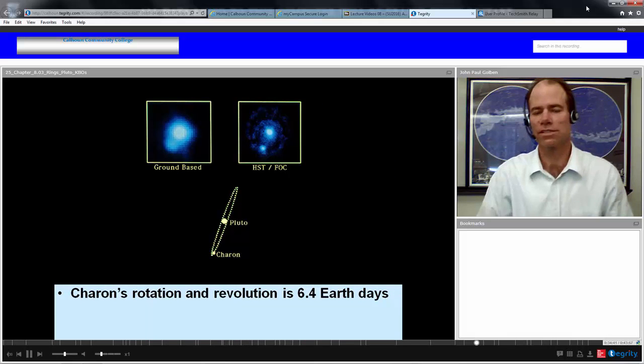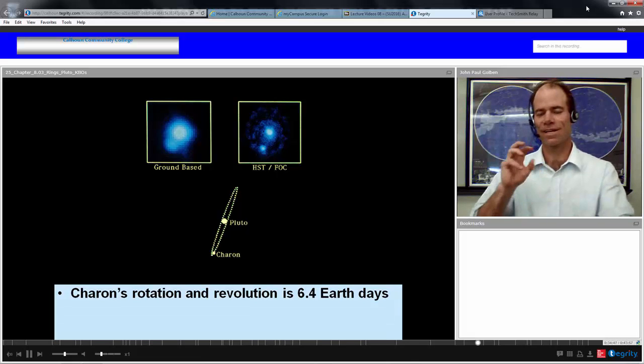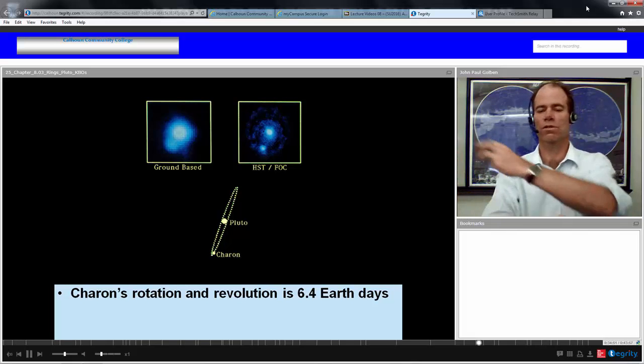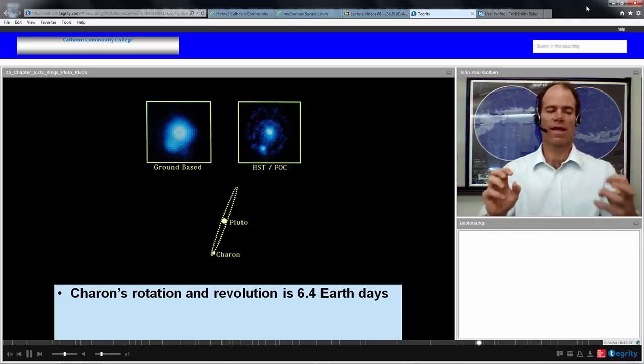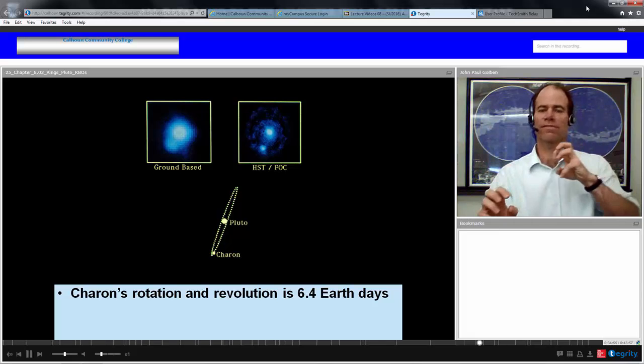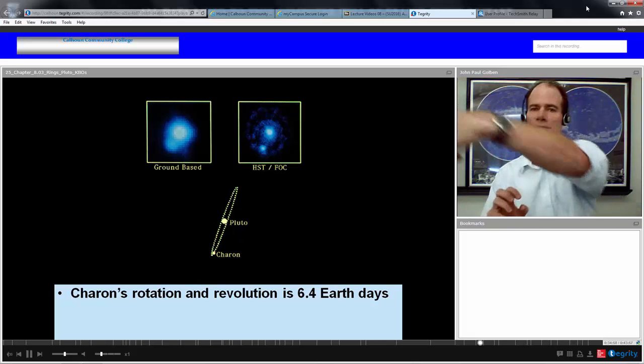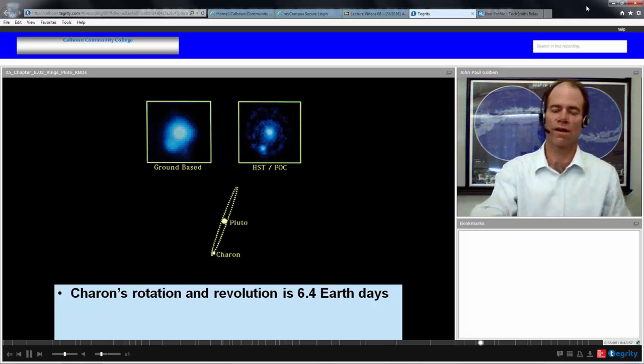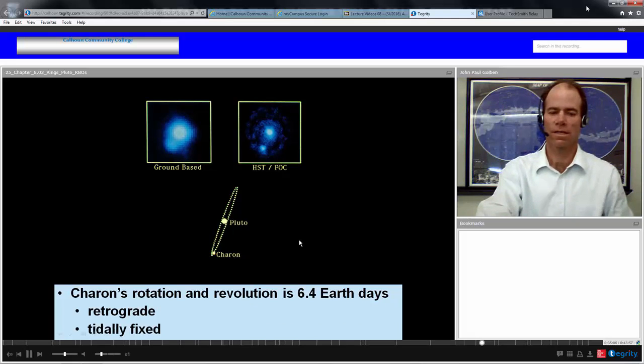Charon's rotation and revolution period around Pluto is 6.4 Earth days, so they are tidally fixed to each other. Charon takes 6.4 Earth days to go around Pluto, and since it's tidally fixed, 6.4 Earth days to rotate on its axis. It has a retrograde revolution and is tidally fixed.